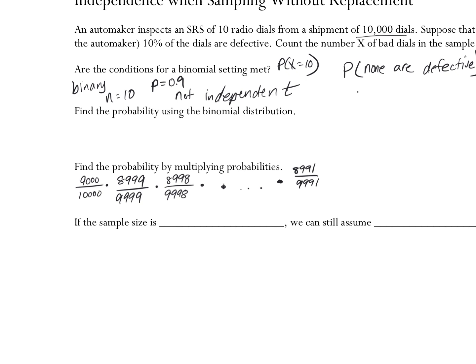All of a sudden that last fraction, if my sample size was 2,000, would be 7,001 over 9,001. Now we're talking it's too far away. Do you guys see what I'm saying? So if my sample size is small enough, we can still assume independence even when it doesn't hold.